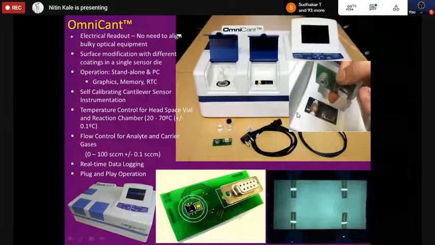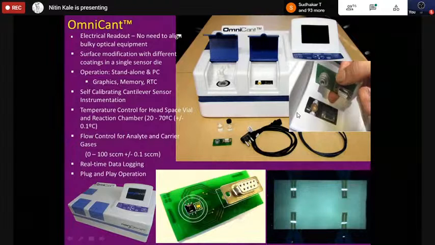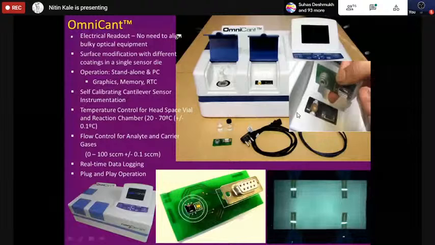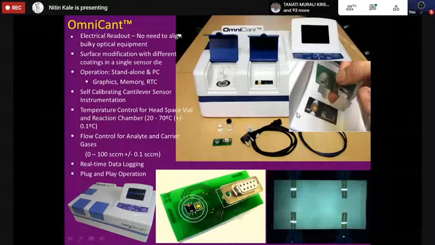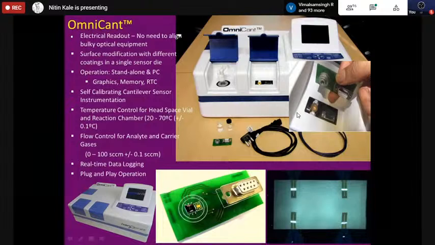This is the place where you can fit your vial, which will contain the chemical that you are interested to analyze. This pipe that you see is the inlet pipe, and this is the outlet pipe. This comes from inside into this reaction chamber. So this is the reaction chamber. And this is the electrical connection for the reaction chamber. We call this the flow cell, and this is the connector other part.